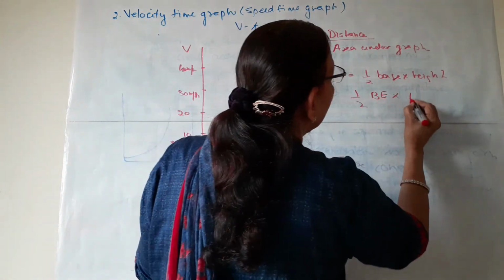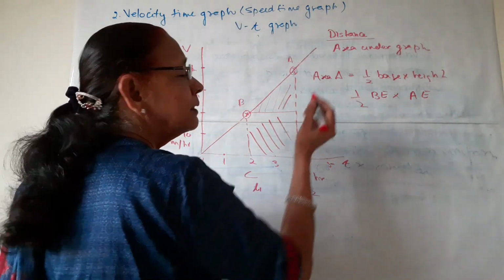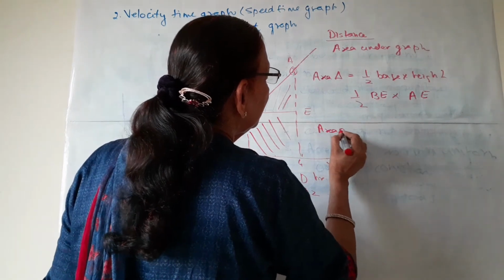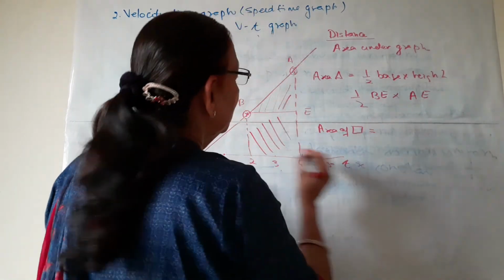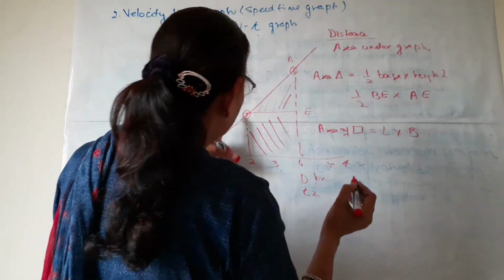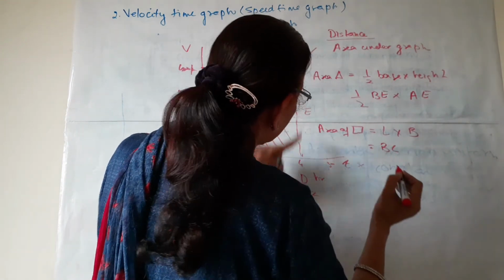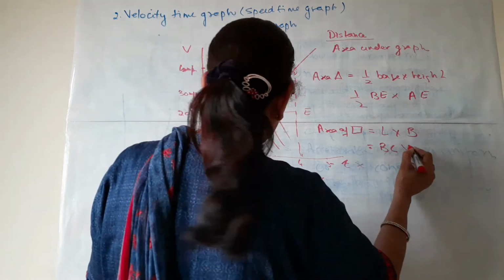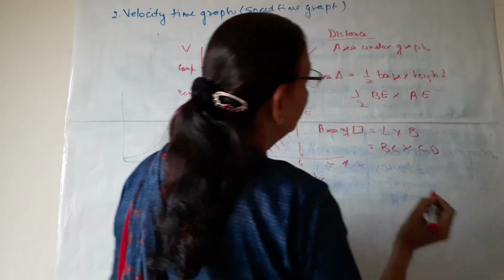Height is AE. This is how the area of this triangle is calculated, and then the area of this rectangle is length into breadth. So it is BC, or we can take ED, one and the same thing, BC into this CD. This CD is equal to BE.